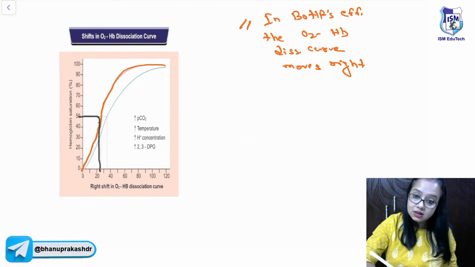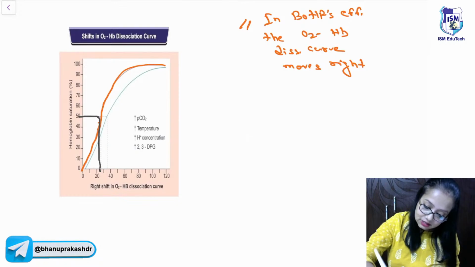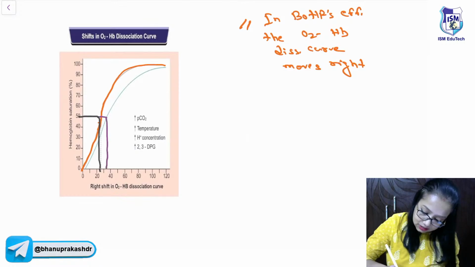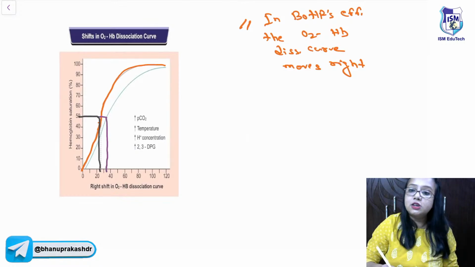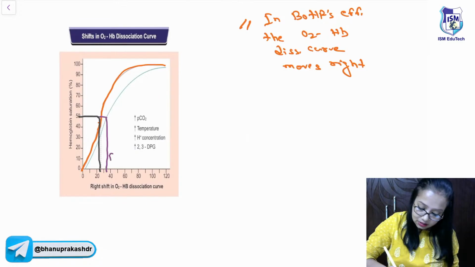Now the same curve, when under Bohr effect, moved to the right, the blue one, as you can see here distinctly. The P50 has shifted to more than 25. So here the P50 increased.